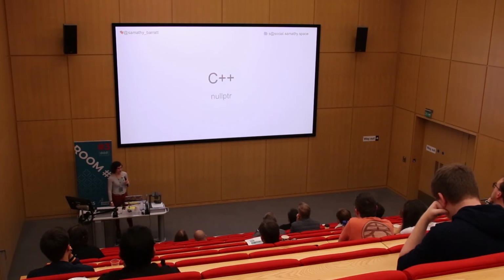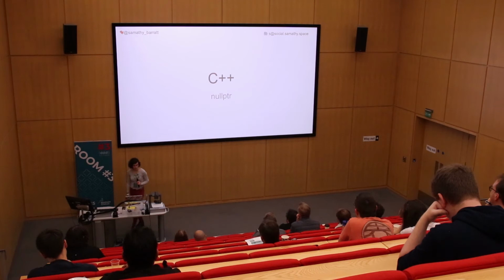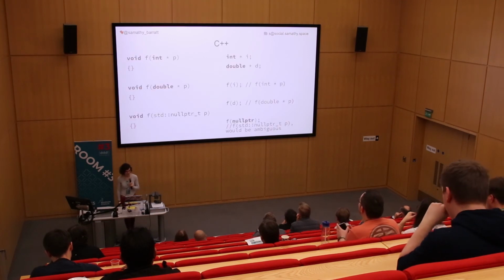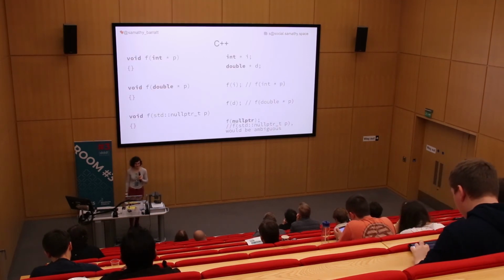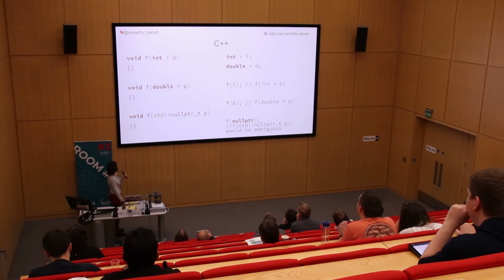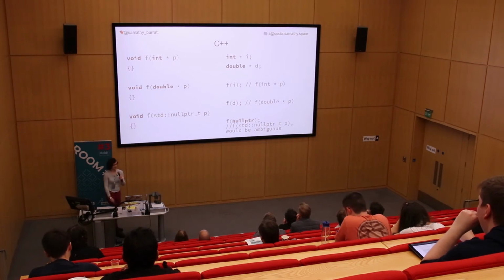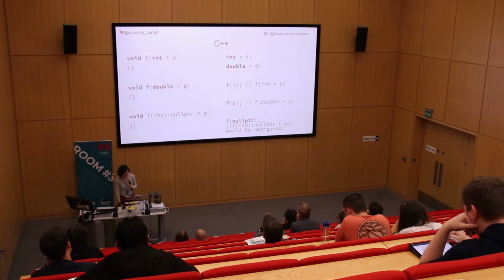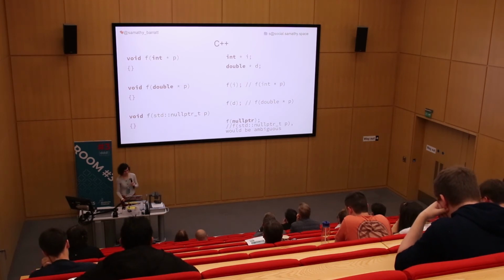Okay, so I'm now going to talk about C++. I like C++, it's quite good. It's not as good as D, but here we go. C++ is really fun. It's got templates and good things like std::nullptr_t. So in C++, the nullptr keyword is a literal of type std::nullptr_t.